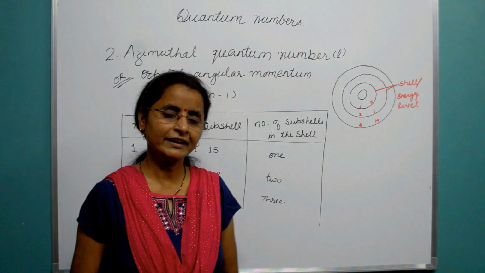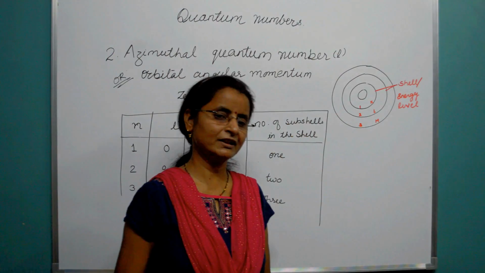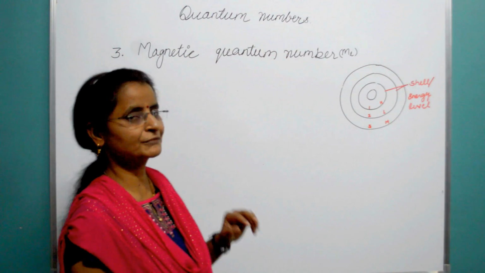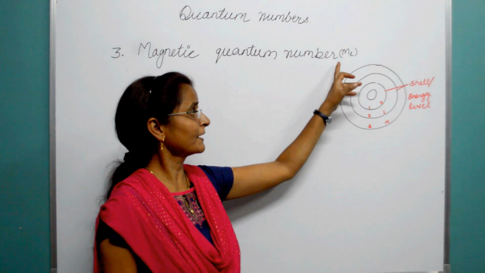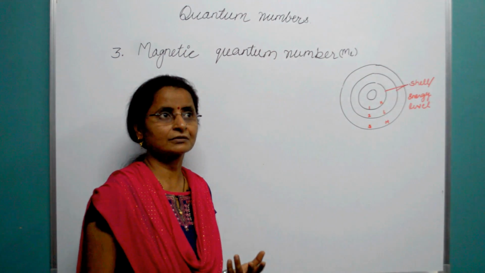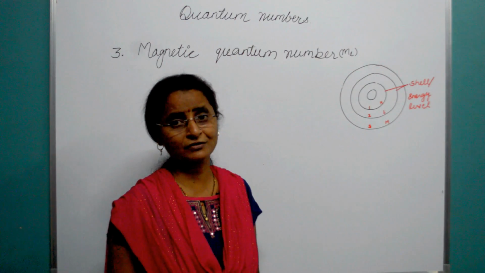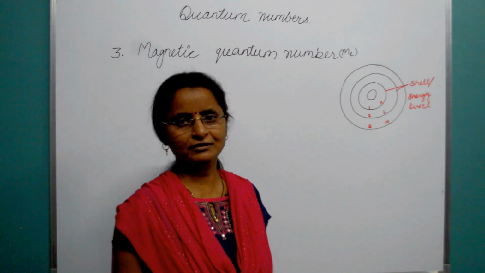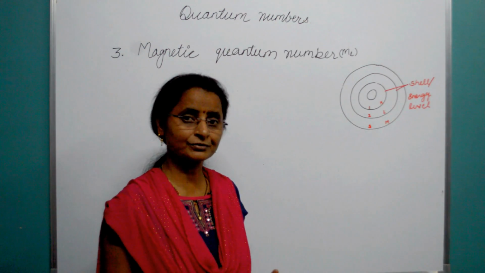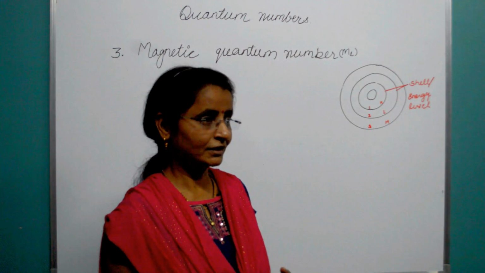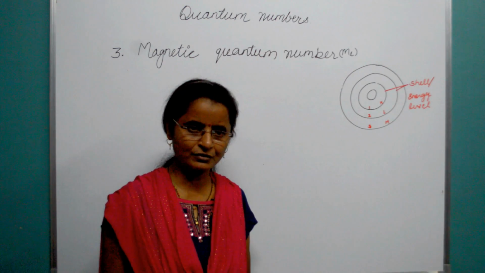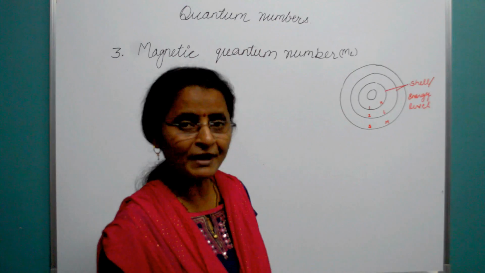Now let's see the next quantum number, the magnetic quantum number, denoted by mL. The movement of electric charge is also associated with a magnetic field. So under the influence of an external field, the electron also orients in space around the nucleus, and depending upon the probability of electron density, different orbitals are there.